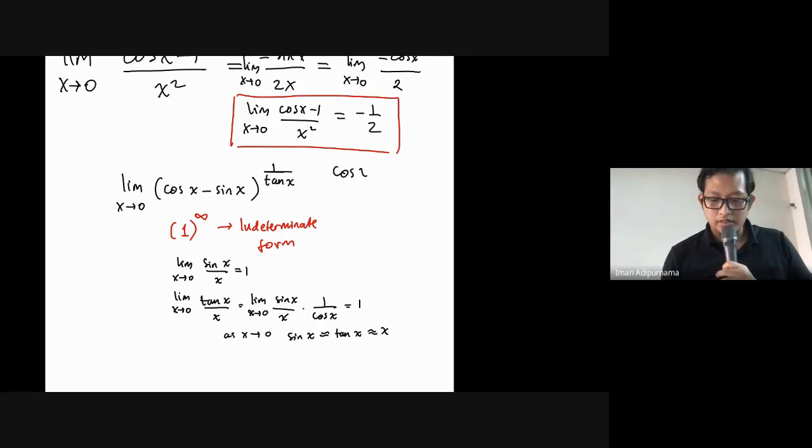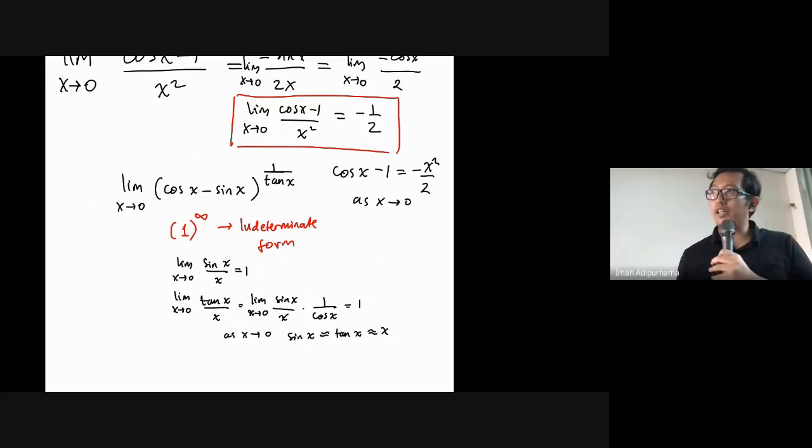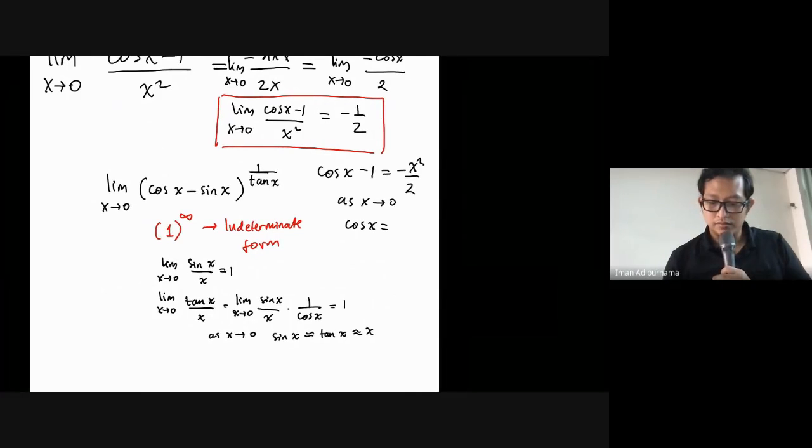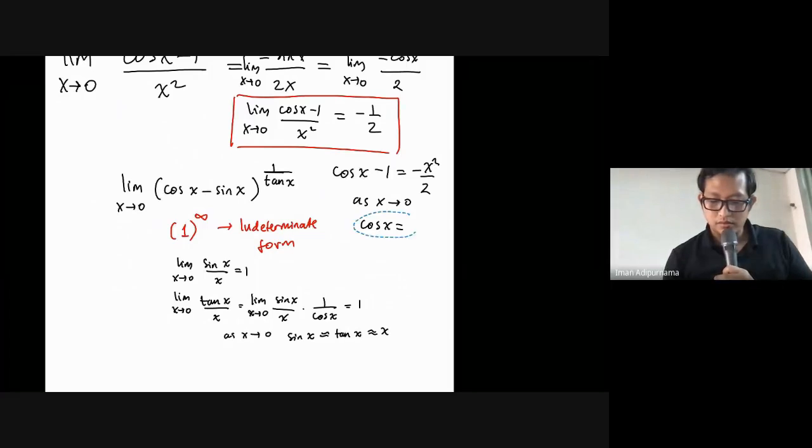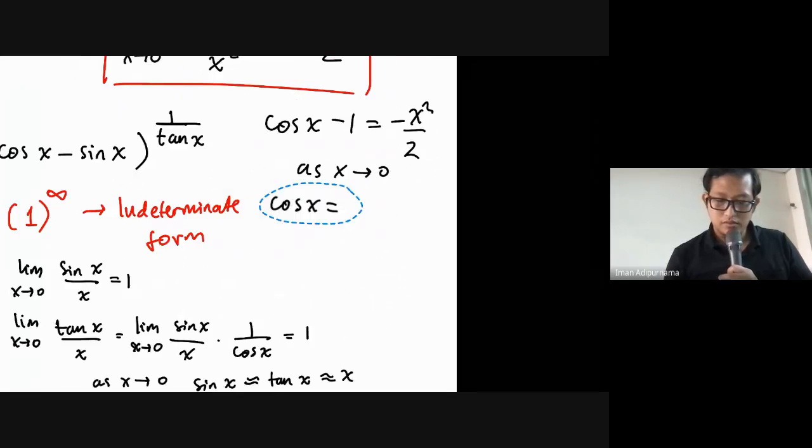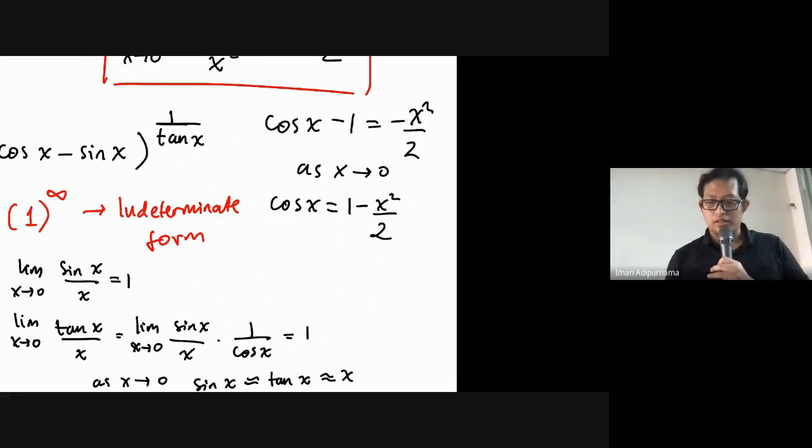I can write cos minus 1 is minus x squared over 2 as x approaches 0 in the limit. And cos x is, as x nears 0, one minus x squared over 2.